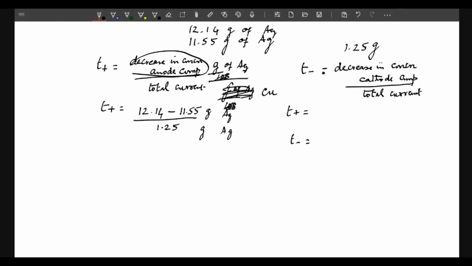After passing a small amount of current for 3 hours, a decrease of 0.00064 gram equivalent of the electrolyte occurred in the anodic compartment.